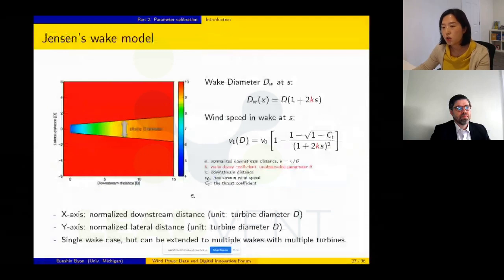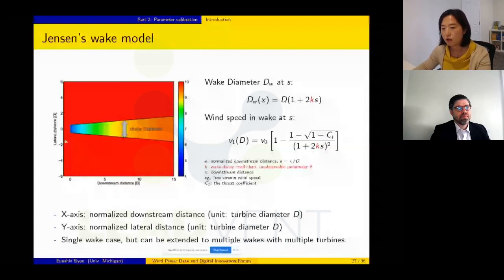I use Jensen's model in this research, but the idea or the approach can be applied to any engineering wake model. The Jensen's wake model estimates the wind speed at each downstream turbine. Let's just consider 2 turbines, but it can be generalized to multiple turbines.